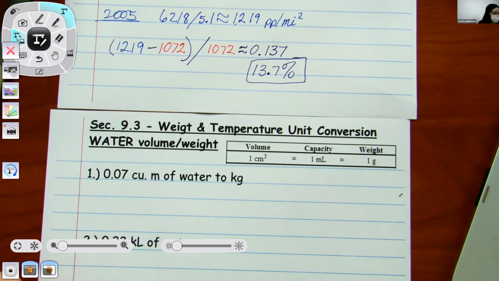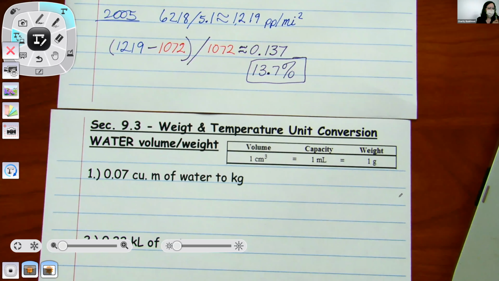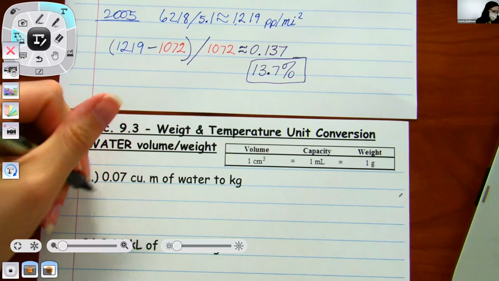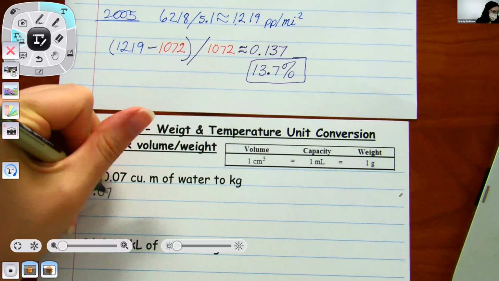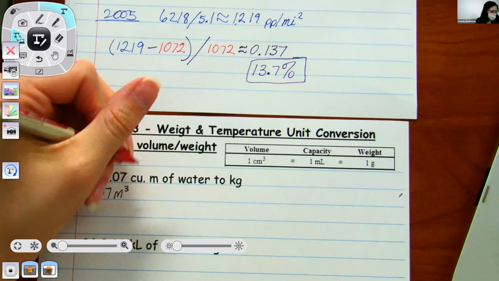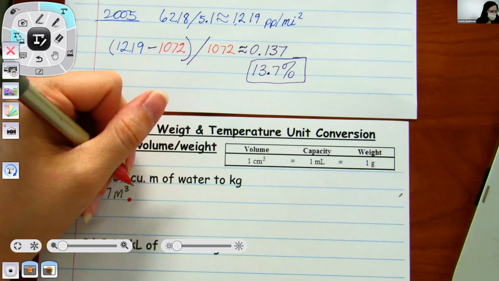So if we have 0.07 cubic meters of water, we want to convert that to kilograms. Well, first we would need to convert cubic meters to cubic centimeters.